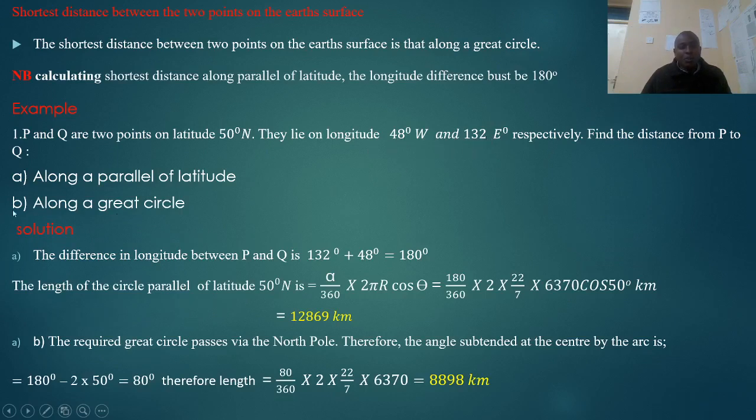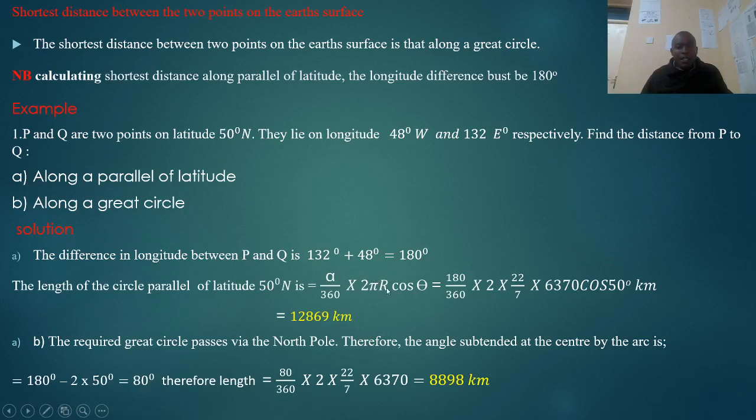So what you do along the parallel of latitude: the difference of longitude, I've said, is 180 degrees, and the length of the circle parallel of latitude 50 degrees north is alpha over 360 times 2 pi r cos of theta.